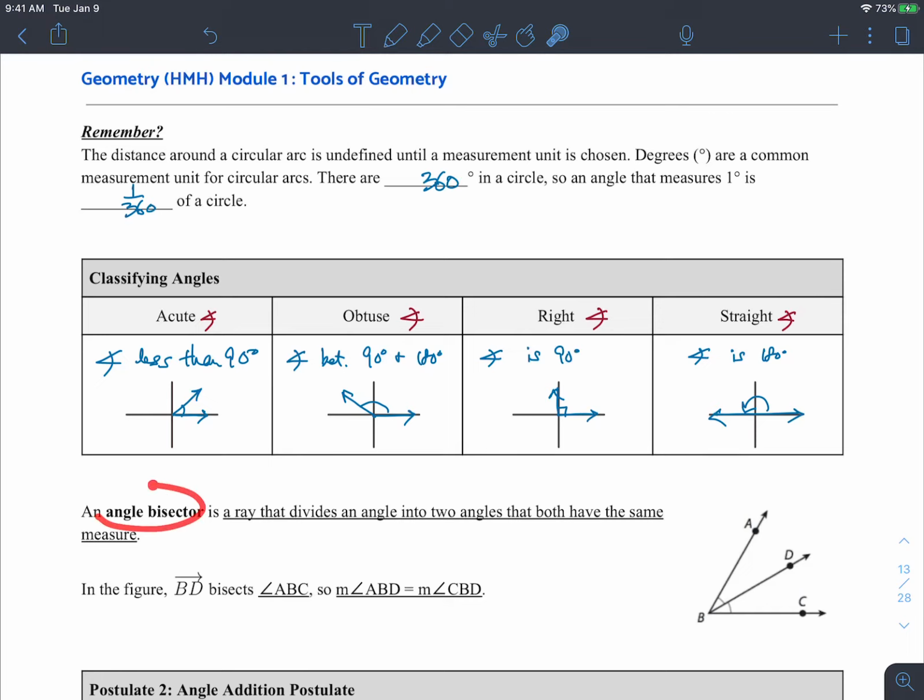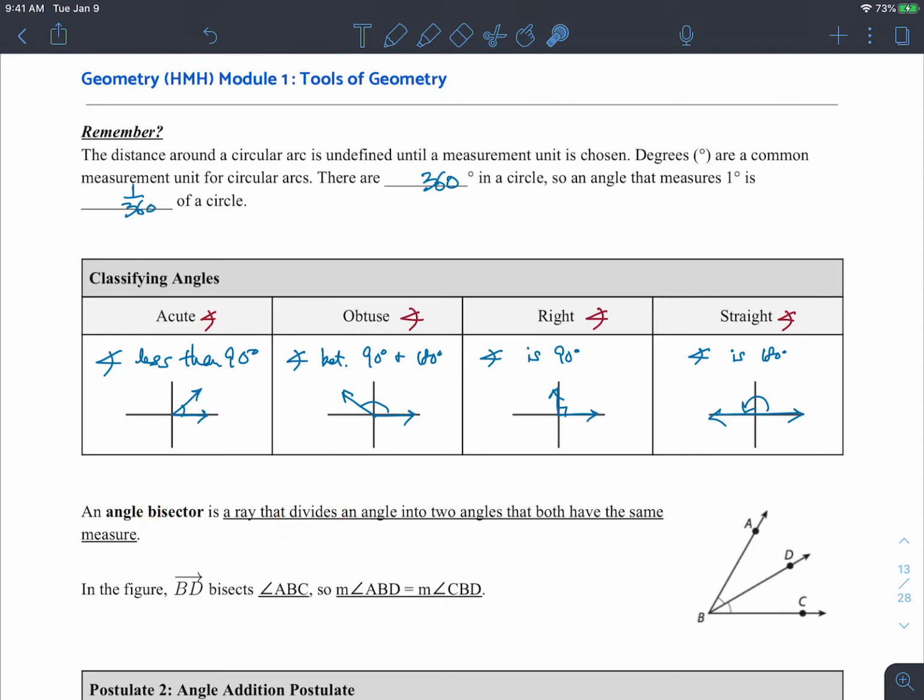Moving on, an angle bisector is a ray that divides the angle into two angles that both have the same measure. That's the important part. The word bi means two, and sect means to cut or divide.